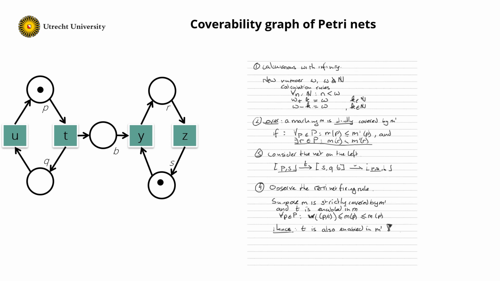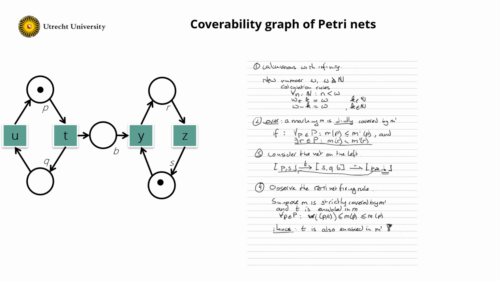So, if we go back to strictly covers, and we see what happens here in the firing rule, we have places P and S with one token and B with one token, which was strictly covered by this PS. And so we have this covering over there. Then this place B is the one that is strictly covered. The other two are equal, but B is strictly covered.